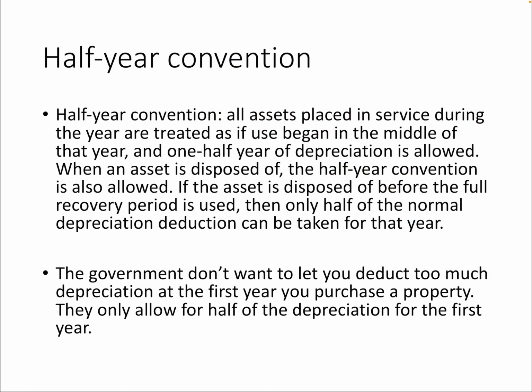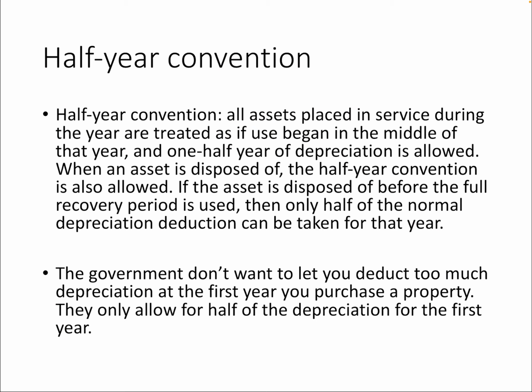So here is a more detailed explanation of the half-year convention. The half-year convention means all assets placed in service during the year are treated as if use began in the middle of that year, and a half year of depreciation is allowed.